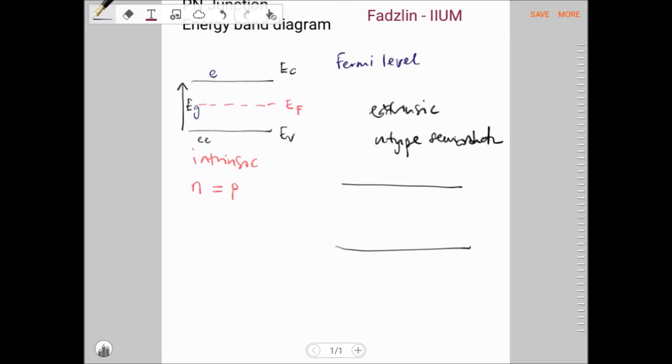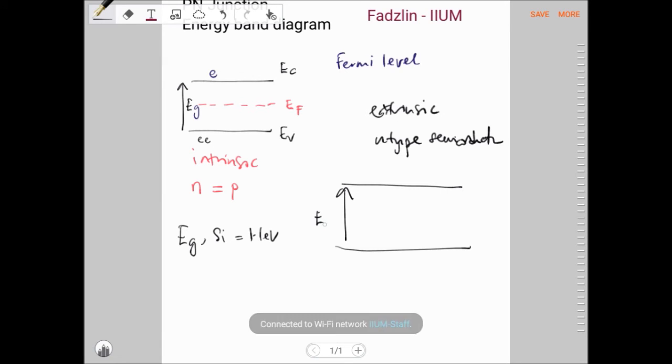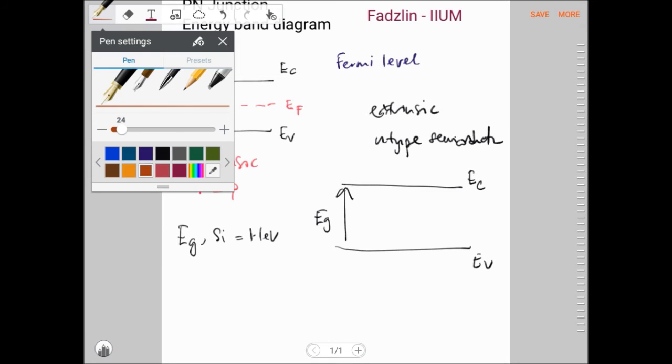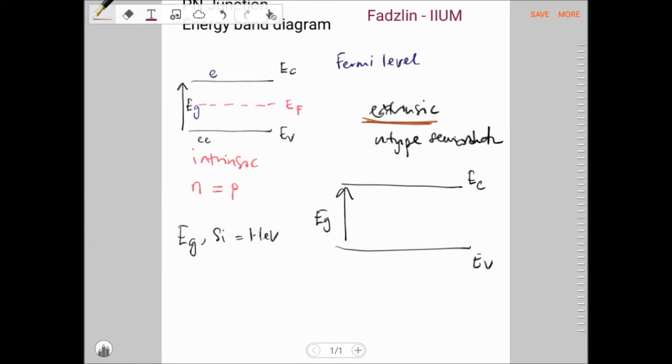If it's silicon, the band gap Eg is specific to the material, so for silicon it's 1.1 eV. If it's N-type silicon, the band gap doesn't change, so it's still 1.1 eV. This is the conduction band and the valence band. For an extrinsic semiconductor, the band gap energy is the same, though the difference will be in the Fermi level.